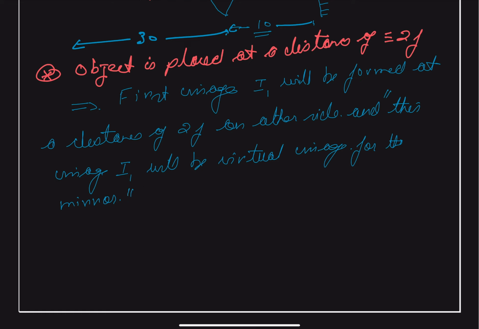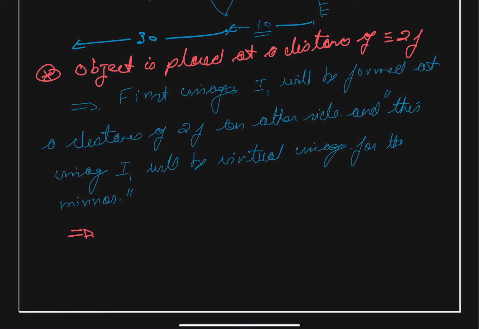So I1 will be the virtual image for the mirror. That's why we can say that the second image will be formed at a distance of 20 centimeter in front of the mirror.